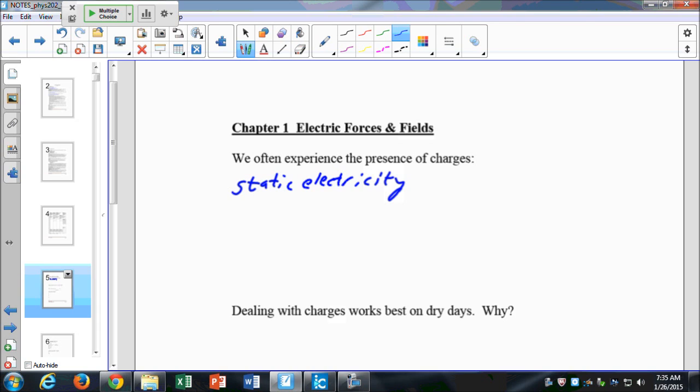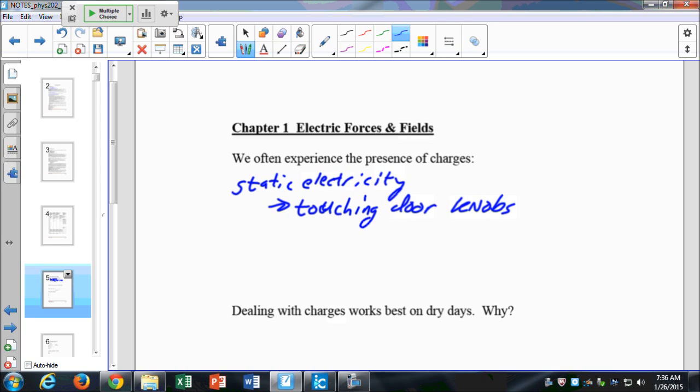Alright, so static electricity, touching doorknobs, also, like in your car, as you slide out of your car. Yeah, Josh? So on a humid day, because there's more water in the air, is that why your hair kind of gets frizzy, I guess?